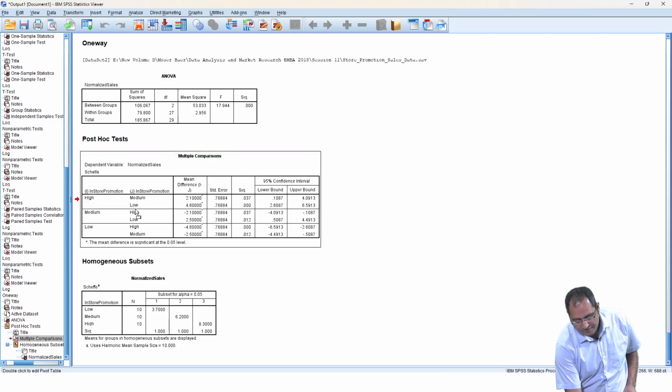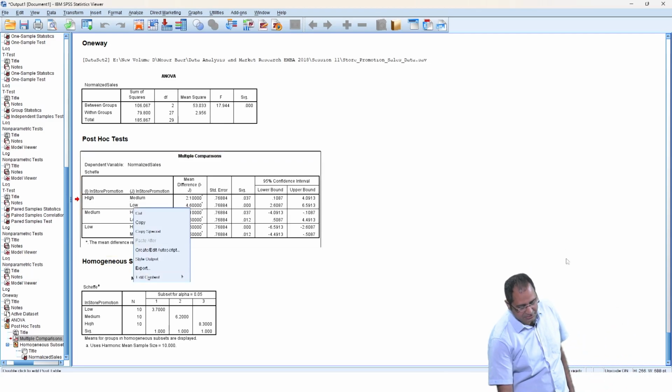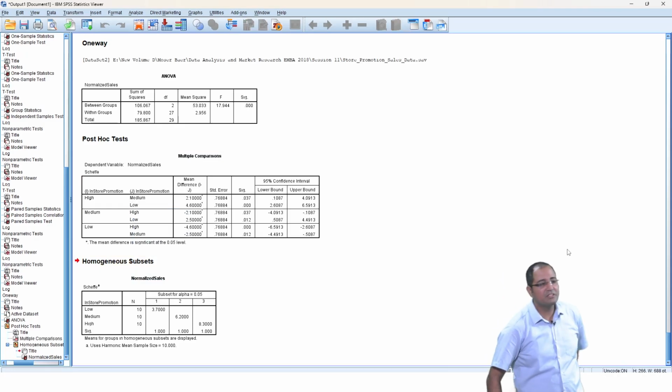In the first one, one group is high only, and first time it is between high and medium, another time it is between high and low. Tell me some of the business questions that you could answer using ANOVA.